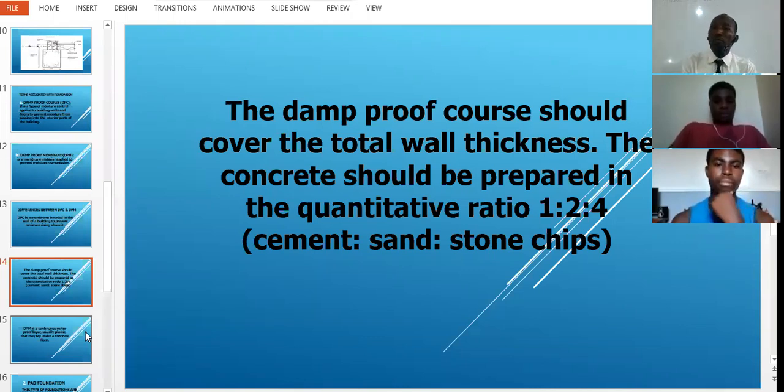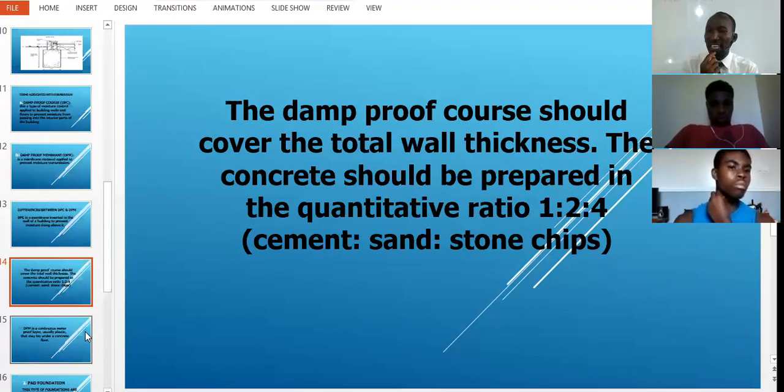Yes, sir. From this information, we know that the damp-proof course can be constructed using cement, sand, and stone in the ratio of 1:2 and 1:4. Please put that at the back of your mind. Let it be in your head. And remember, we said that the damp-proof course must cover the total wall thickness. It must cover the thickness of the wall.